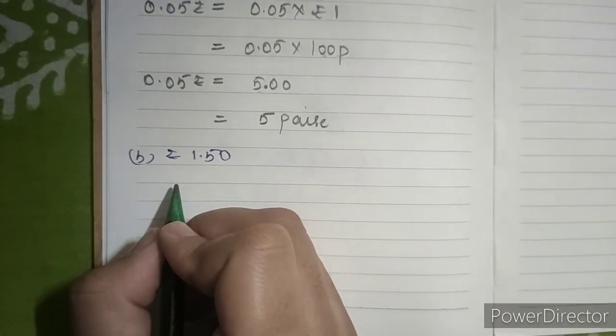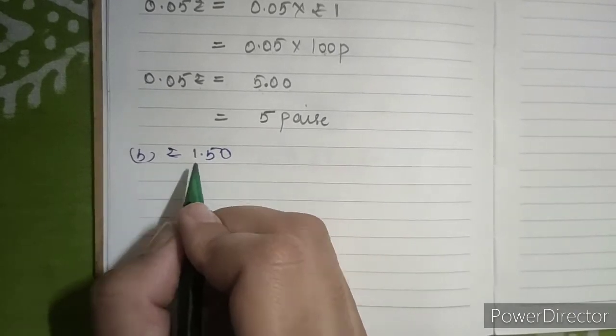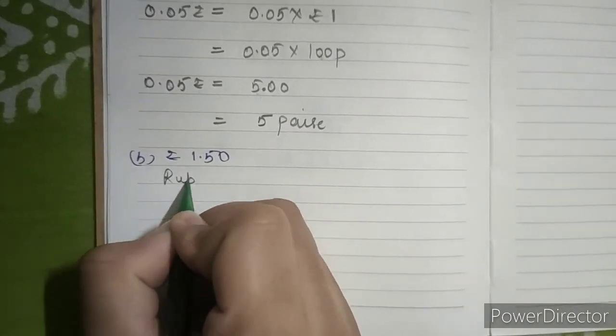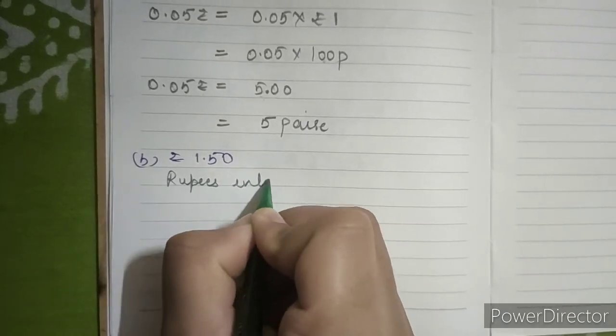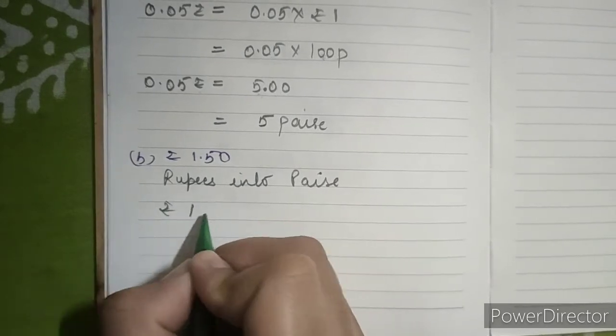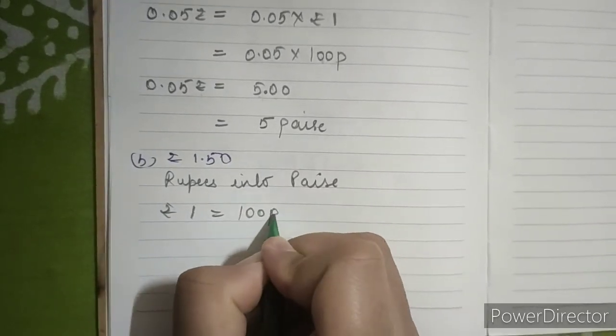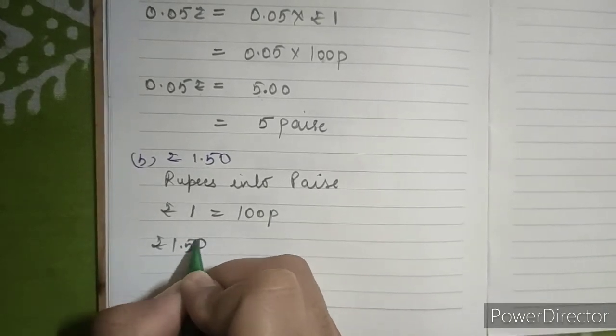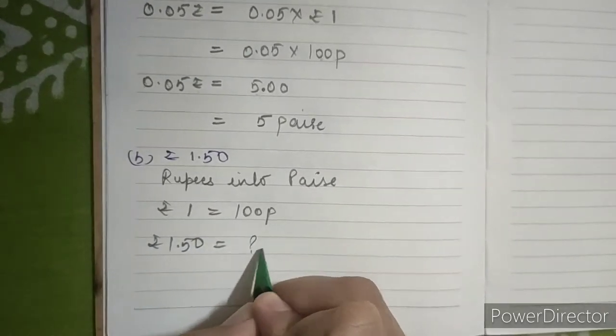Question number 4. Convert into paise. B, rupees 1.50. So we have to convert rupees into paise. As we all know, 1 rupee is equal to 100 paise. So rupees 1.50 equals dash paise.